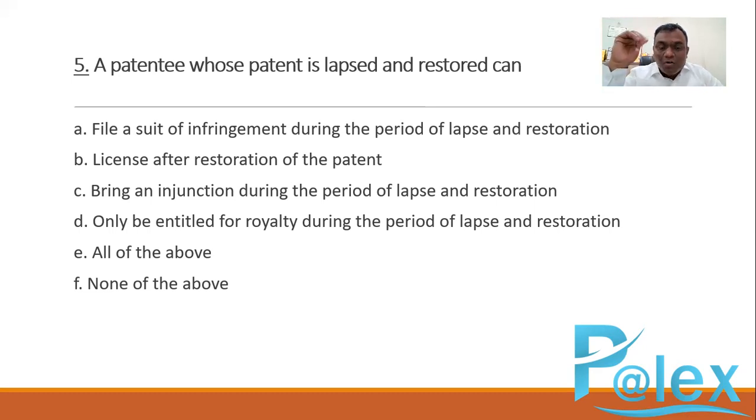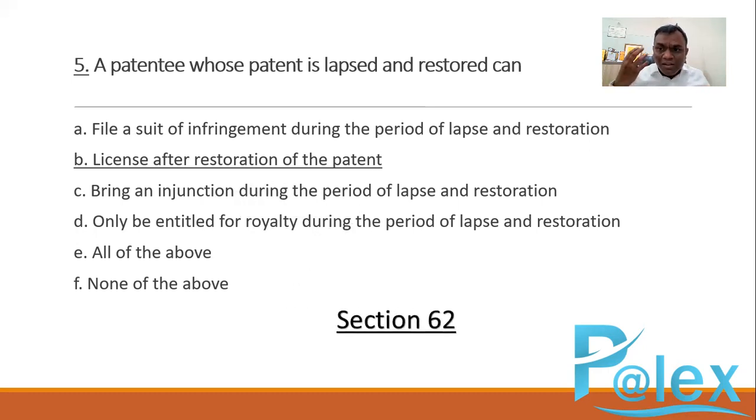Of course, all of the above is wrong because A, C, D are wrong. So A, C, D, and E are the wrong options. Now, only two things are left: license after restoration of the patent, or none of the above. The correct answer in this case is license after restoration of the patent.